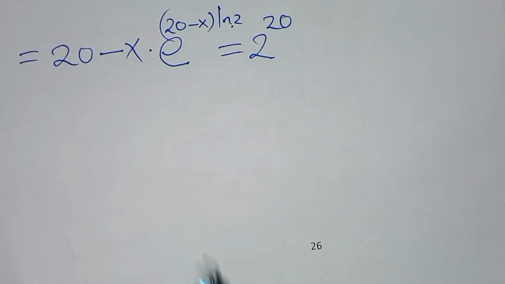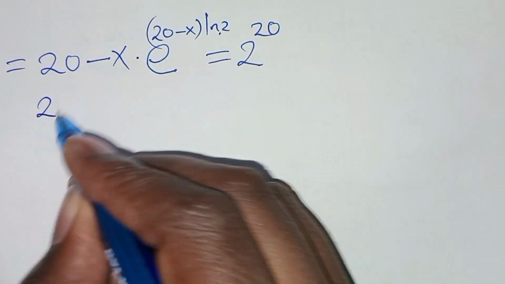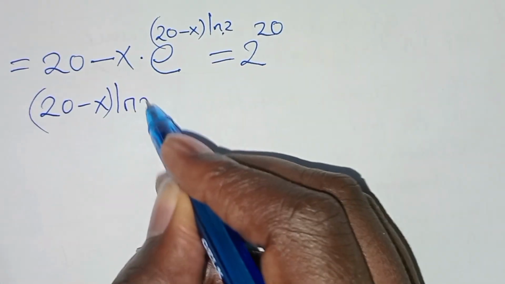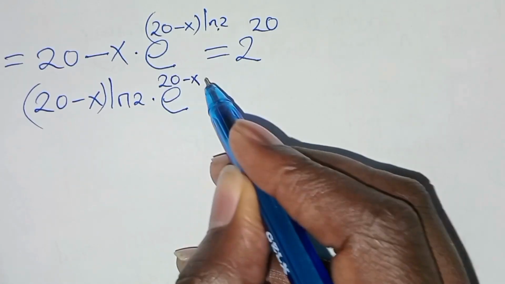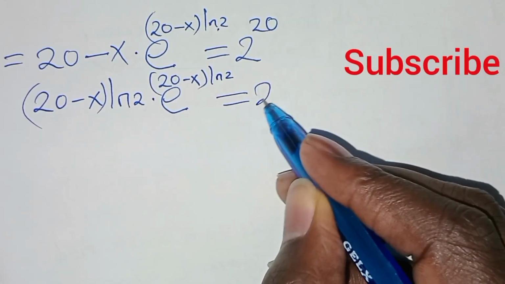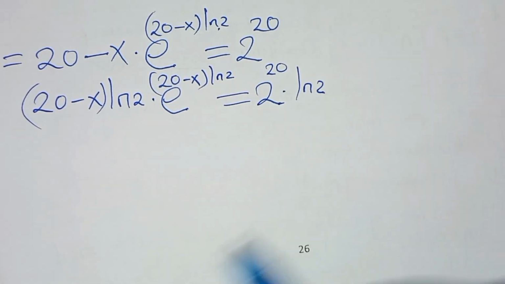So the next step here, let's multiply both sides by natural log of 2. So we'll have 20 subtract x multiplied by the natural log of 2 multiplied by e to the power of 20 minus x multiplied by the natural log of 2. This is equal to 2 to the power of 20 multiplied by the natural log of 2.